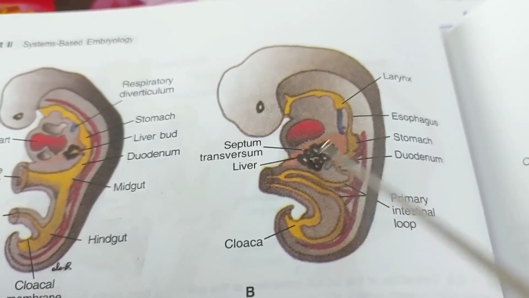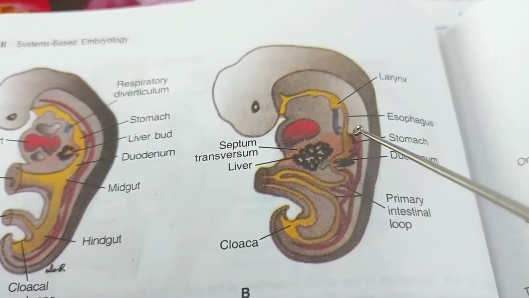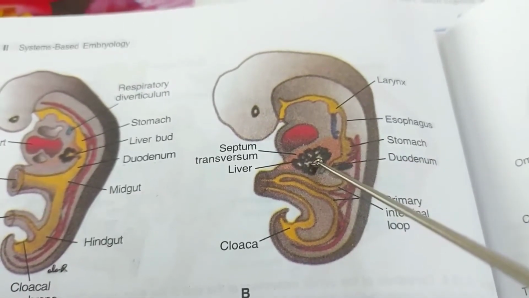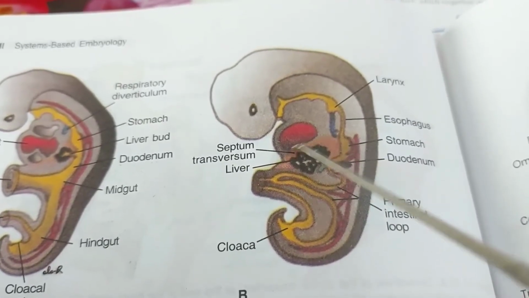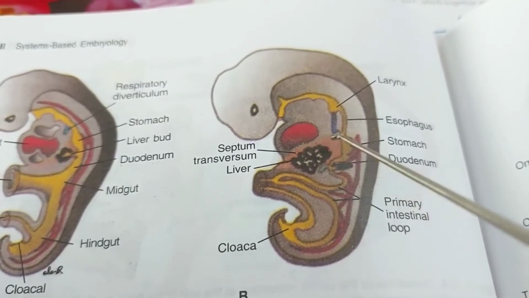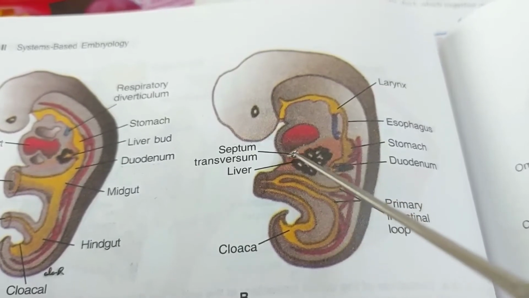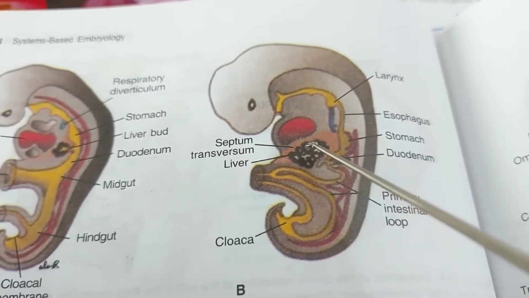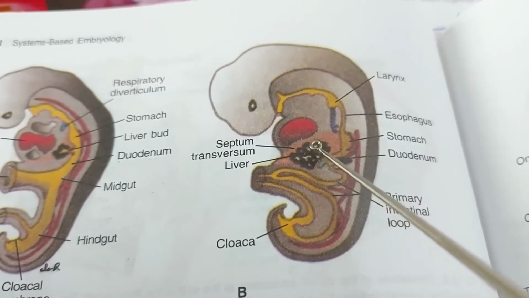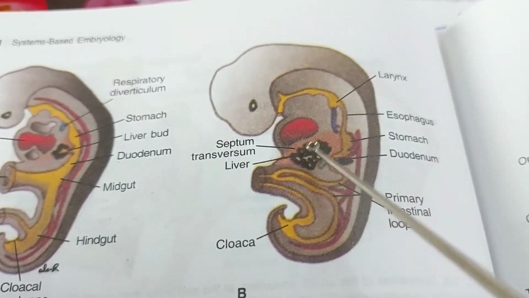This hepatic bud develops from the foregut. These are of endodermal origin, and the septum transversum is of mesodermal origin. So the fibrous stroma is developed from this mesenchymal septum transversum, and the parenchyma is developed from the endodermal hepatic bud.